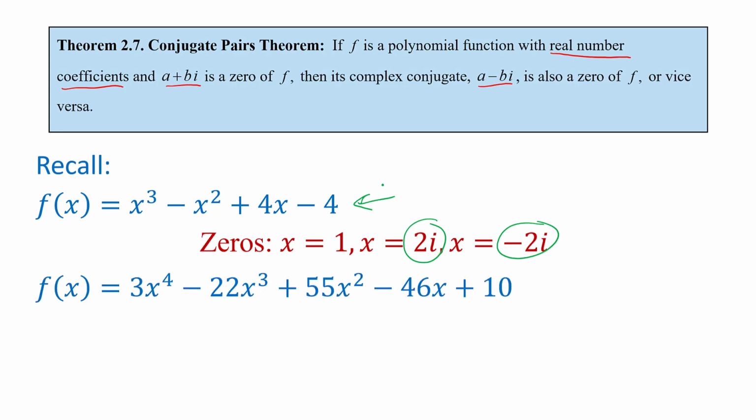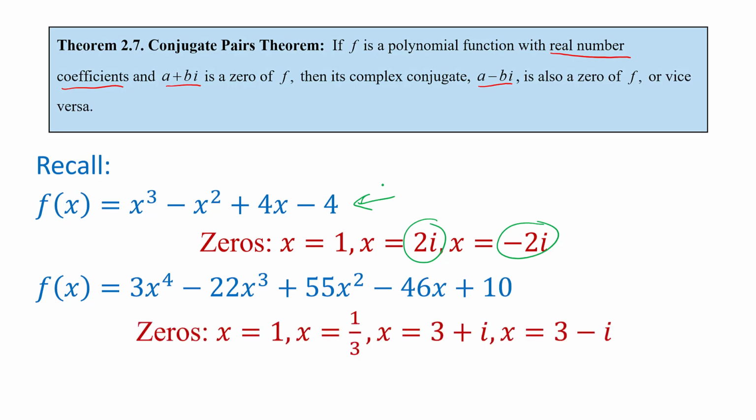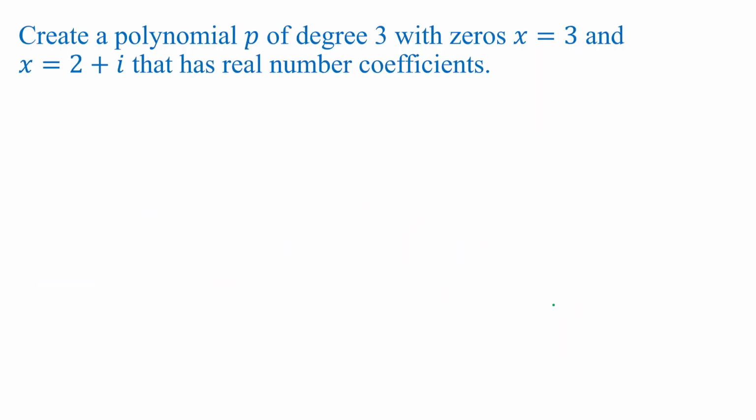We also had f of x equals 3x to the fourth minus 22x cubed plus 55x squared minus 46x plus 10, where we found zeros of 1, 1/3, 3 plus i, and 3 minus i. Again, this polynomial has real number coefficients, and it has complex conjugates as two of its zeros.